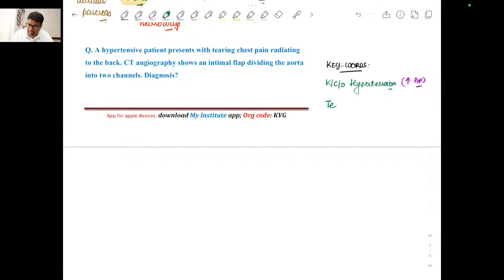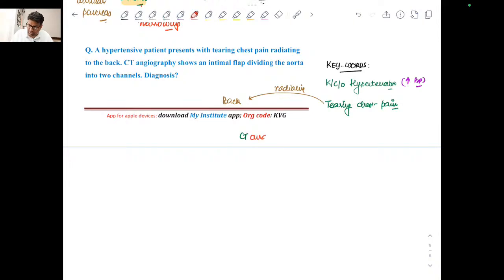There is tearing chest pain, very severe chest pain, and it is radiating to the back through the chest wall, and CT angiography, clear.